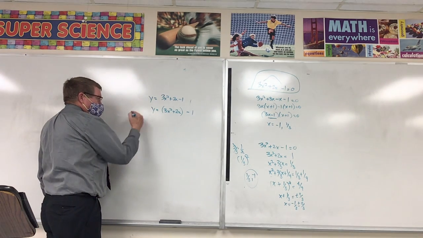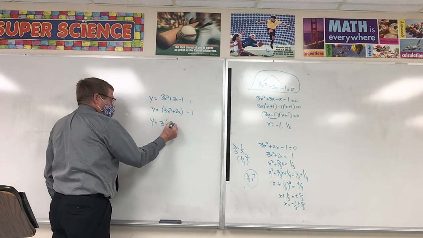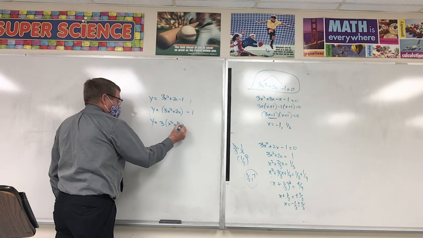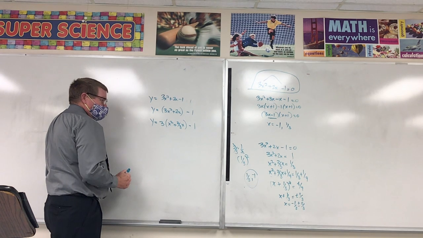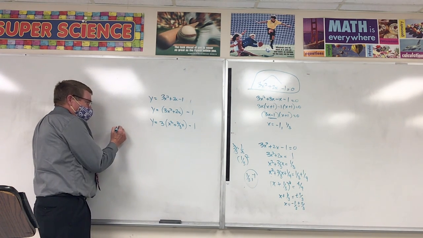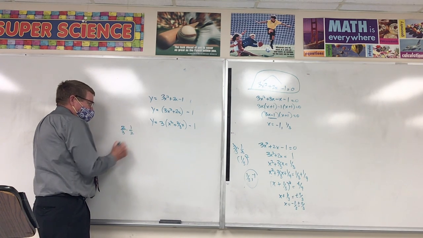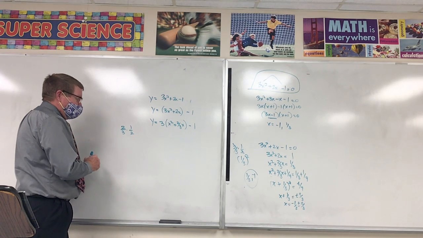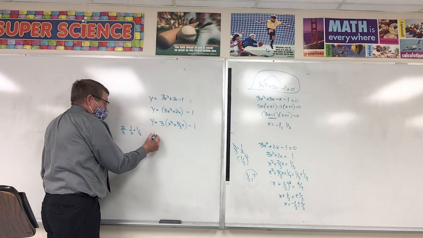We're going to bring the 3 out. Y equals 3 times x squared plus 2/3 x, minus 1. We're going to complete the square. What are we going to do in the middle term? Divide by 2 is the same thing as multiply by 1/2. 2/3 times 1/2 is 1/3. Then do what?